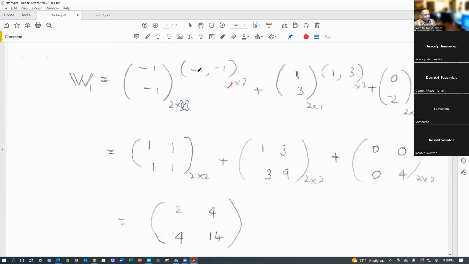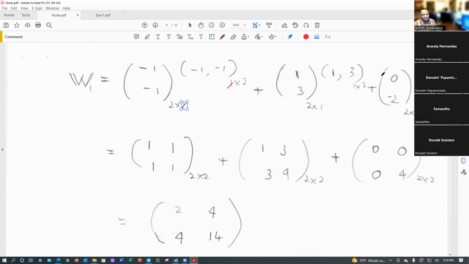This time, the first row, first column: 1 minus 1 times minus 1, 1. First row, second column. Second row, first column, second row, second column. It's built in this way. Same way here: first row, first column, first row, second column, second row, first column, second row, second column.